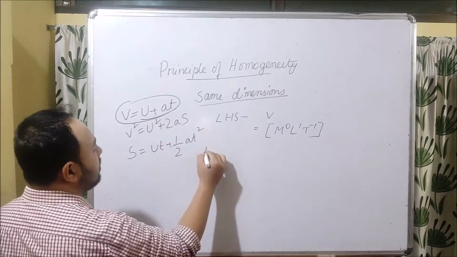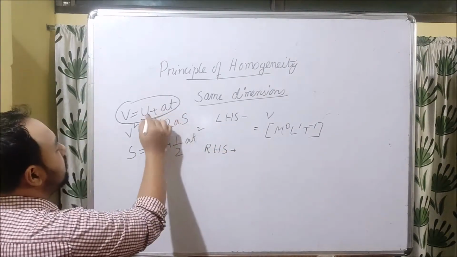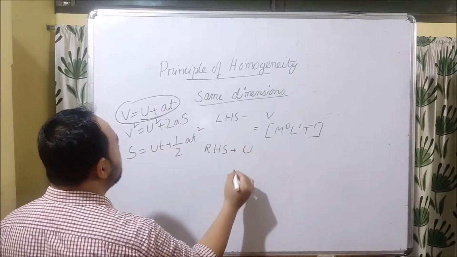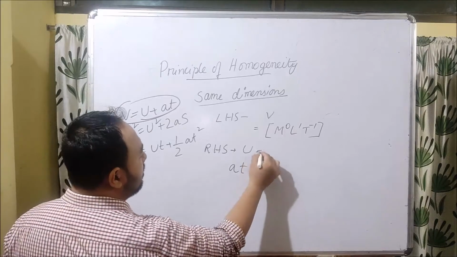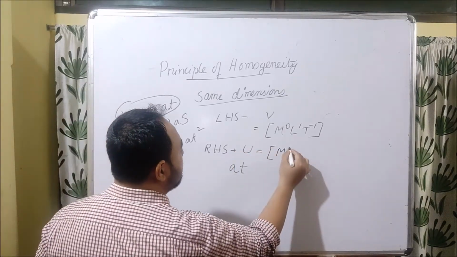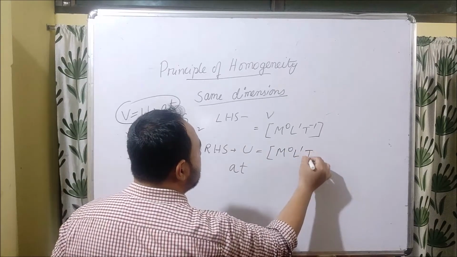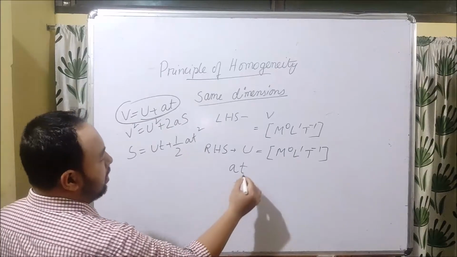And for right hand side, there are two terms. One is u and the other is at. U is what? It is the initial velocity, m to the power 0, l to the power 1 and t to the power minus 1.